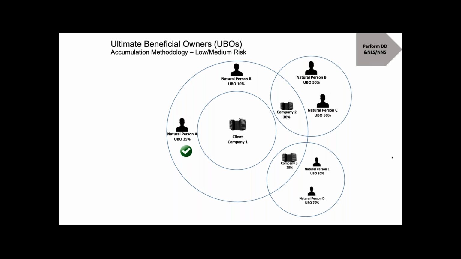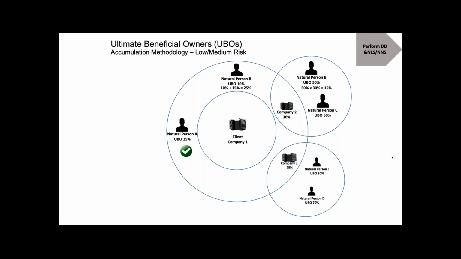Yes, I agree. He has 25%. Why? Because he has 10% already on his own, and then he has 50% of the 30% of company 2. That is 10 plus 15%. That's 25. Does everyone understand how we've derived that?